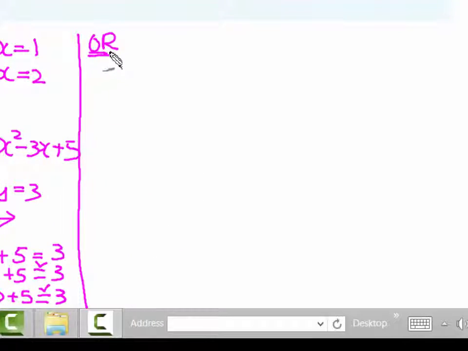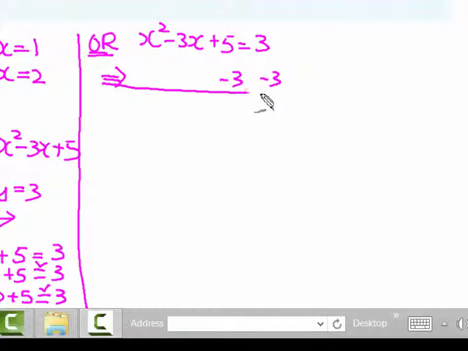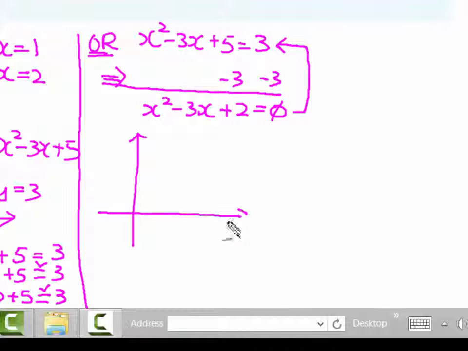Or we can also do this. When we have a quadratic equation like this, we can convert it into this one by subtracting 3 on both sides. So right now we have x squared minus 3x plus 2 equal to 0. This equation is exactly the same as this one. Right now, by graph, we can see that the parabola is going to be like this, and this is y equal to x squared minus 3x plus 2.